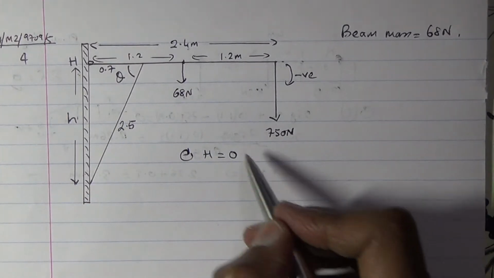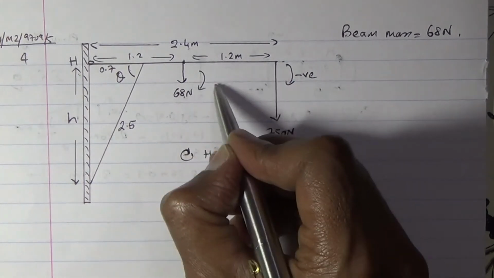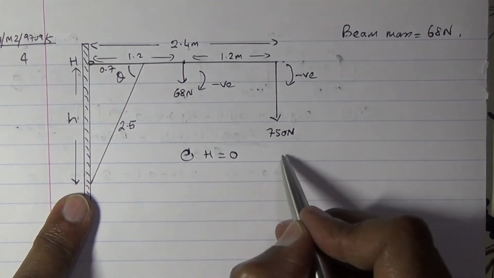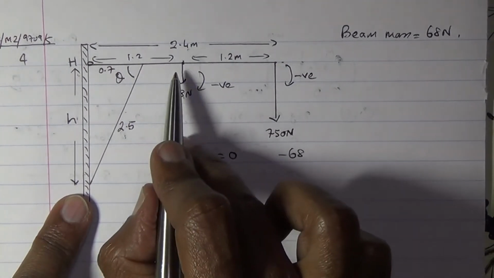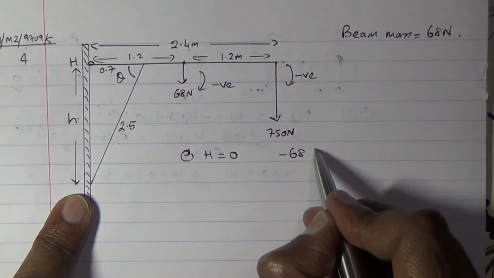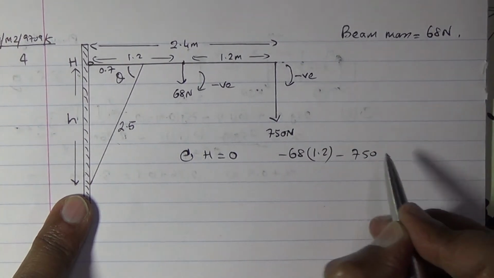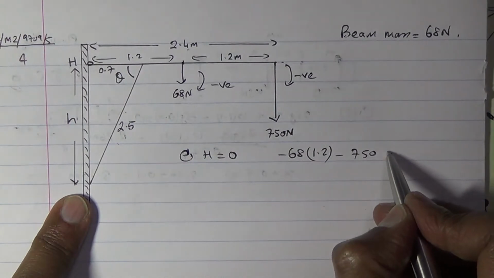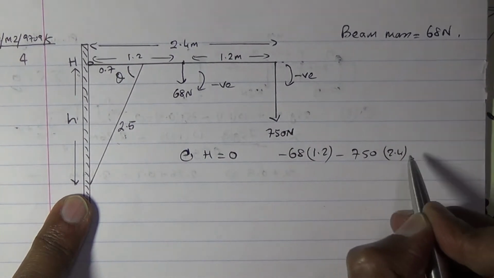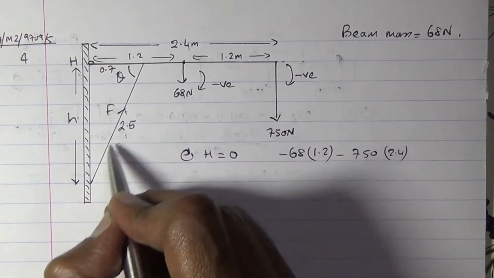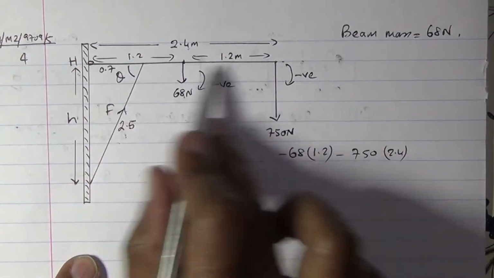So this one also is acting downward, so it's a negative force, because it tends to go in a clockwise direction. So I've got minus 68 times the distance away from the hinge, 1.2, then minus 750, and the distance away from the hinge is 2.4. And there's a force acting upwards, trying to support the beam.